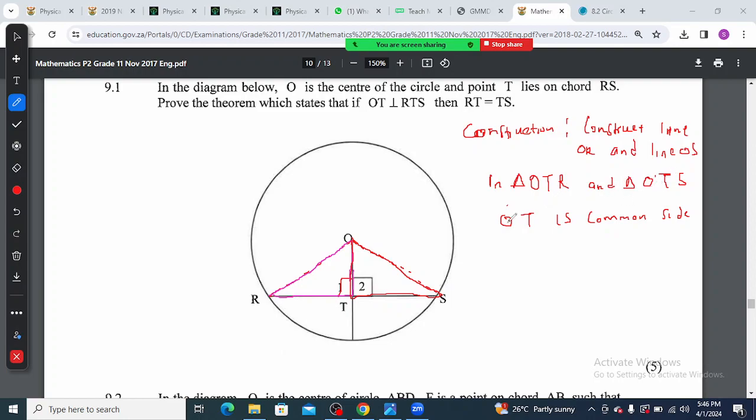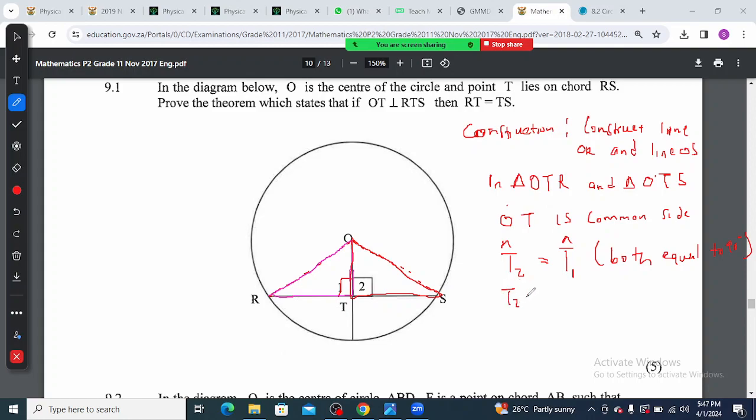Then you say angle T2 is equal to angle T1, and the reason for that is they both equal 90 degrees.